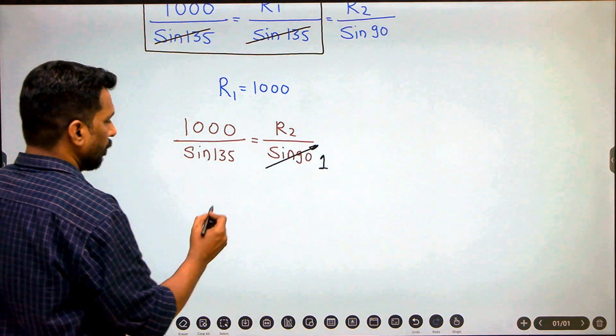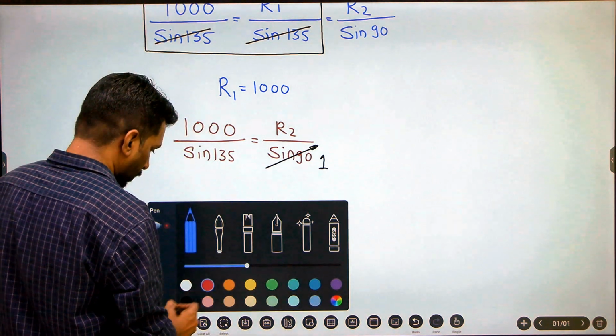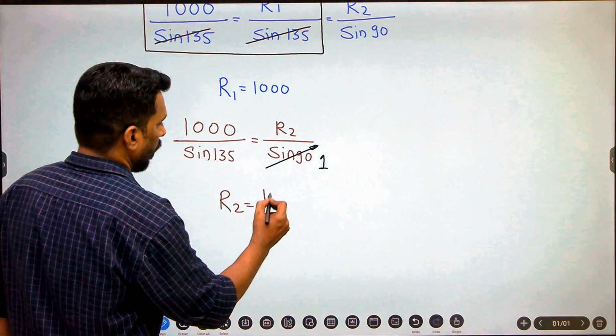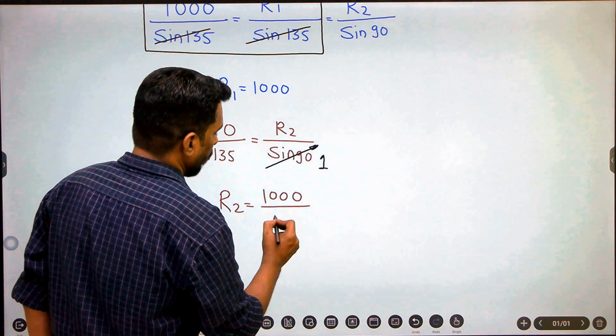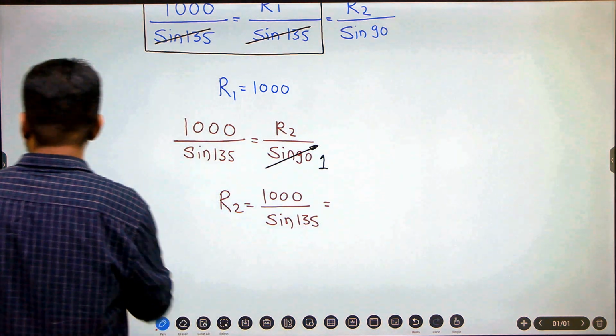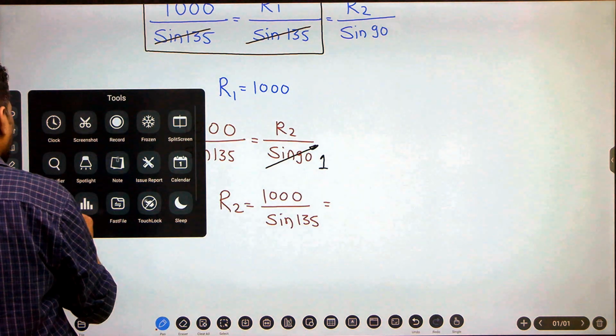So here the equation becomes R2 is equal to 1000 upon sine 135, which is equal to, we'll go with the calculator.